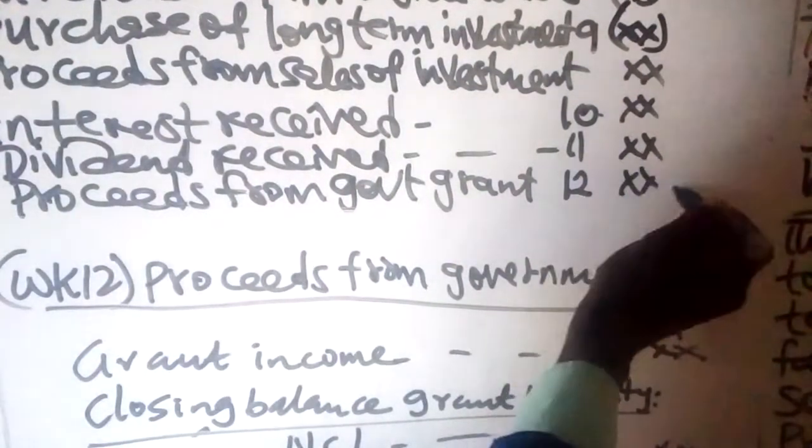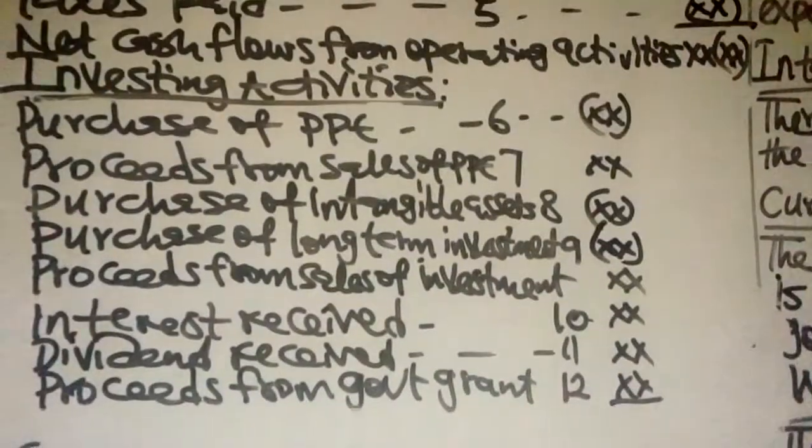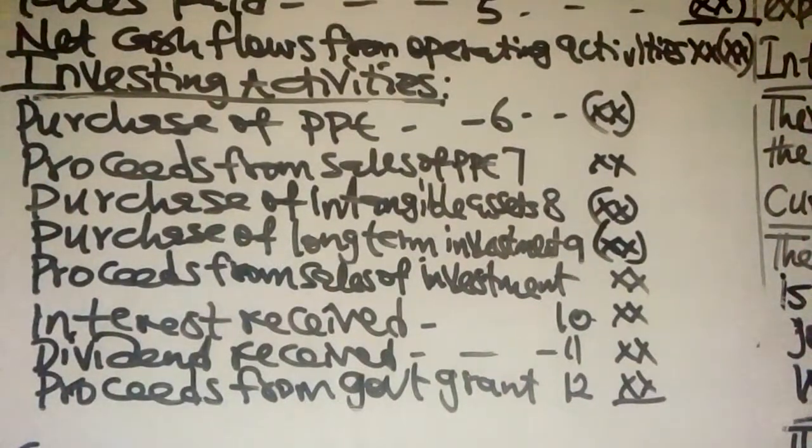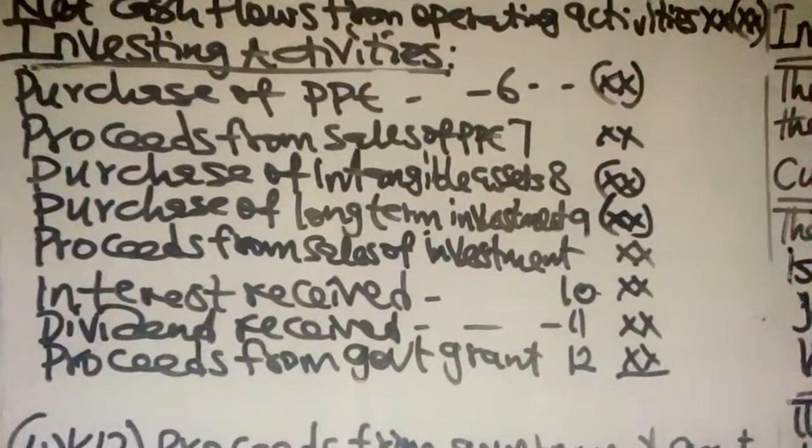Then you cast everything you have under investing activities. You add everything together, and when you sum it up, you have net cash flows from investing activities.